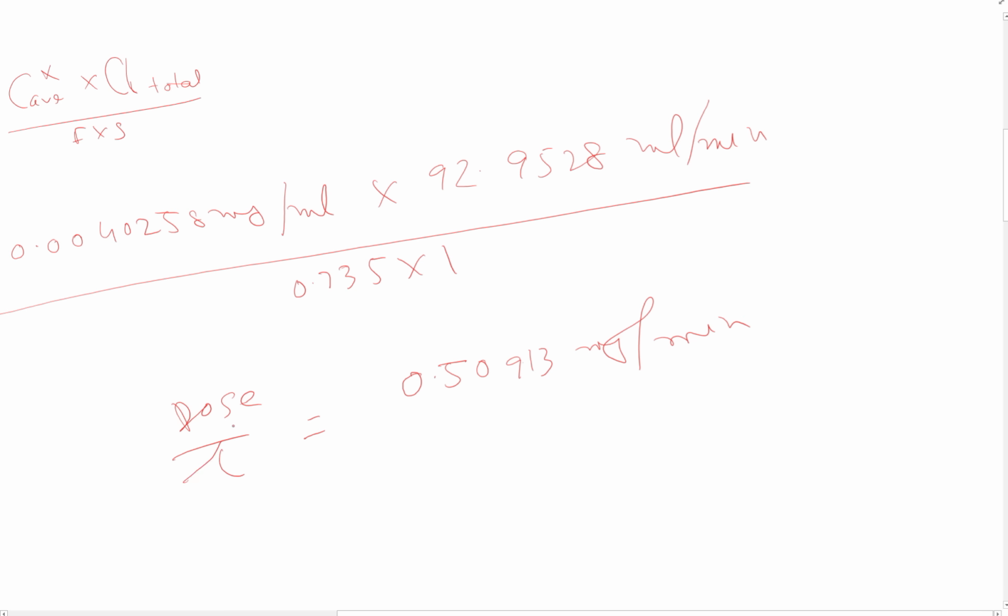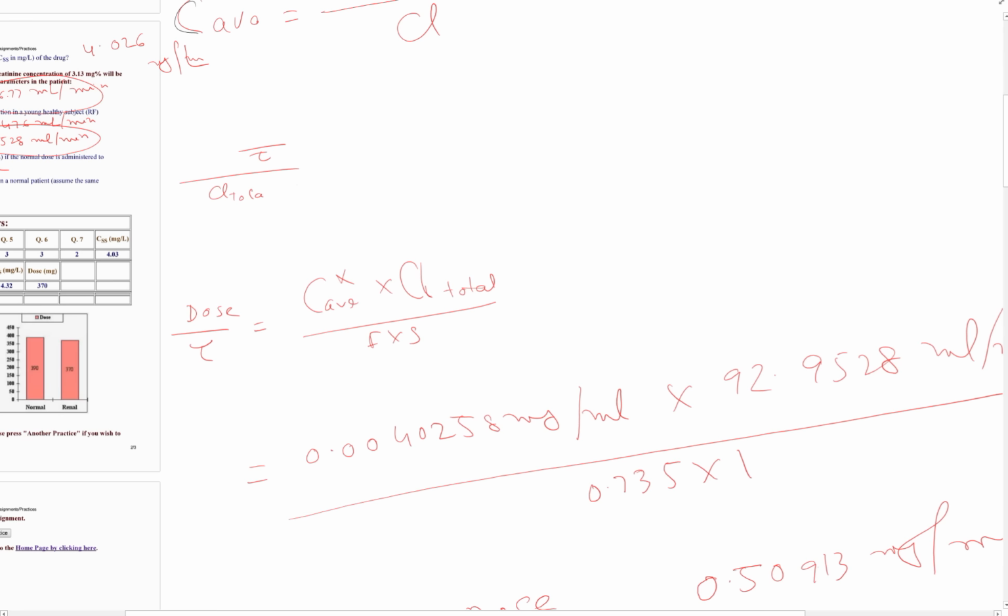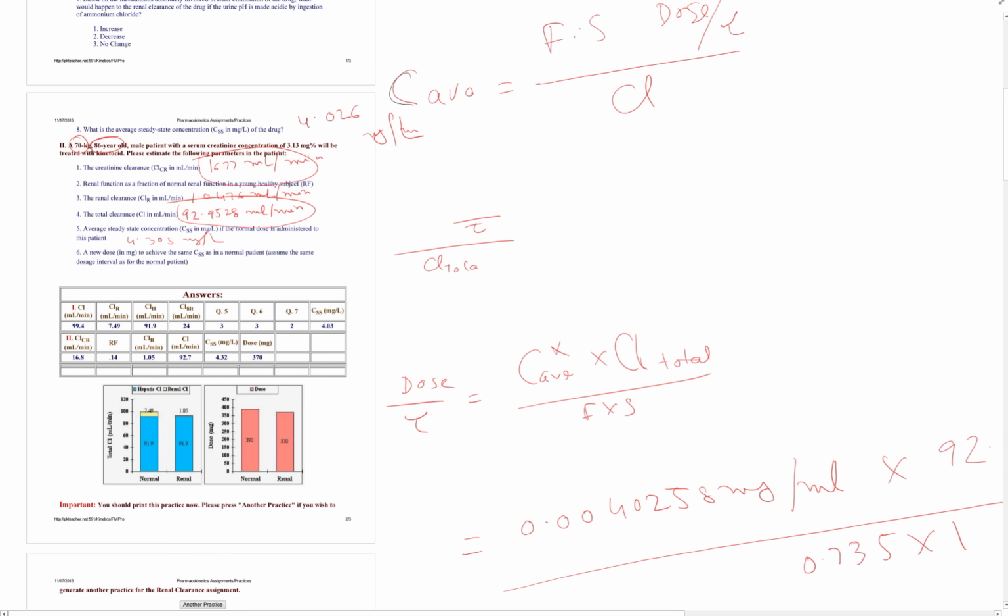If you want the dose every 12 hours, it is 0.50913 times 60 times 12, which is 366.57 milligram per 12 hours. So this would be your new dosing rate.